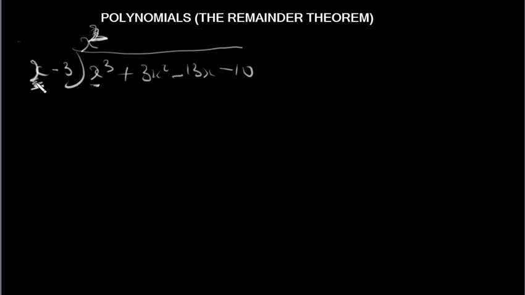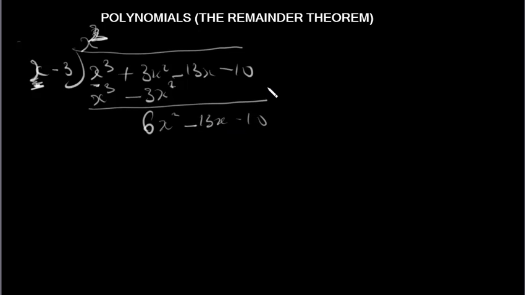Now x times x squared will give us x cubed, minus 3 times x squared will give us minus 3x squared. This, of course, x cubed minus x cubed will be 0. So 9x squared minus 3x squared will give 6x squared minus 13x minus 10.